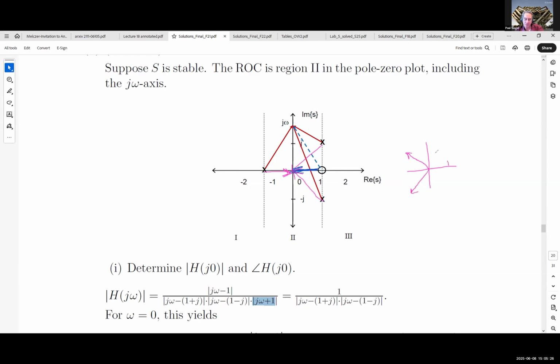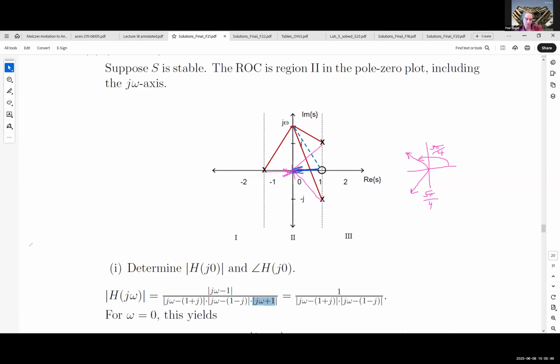So if we treat it as a positive angle, this guy is 3 pi over 4. And this guy is minus 3 pi over 4, but if we write it as positive, it's going to be 5 pi over 4.